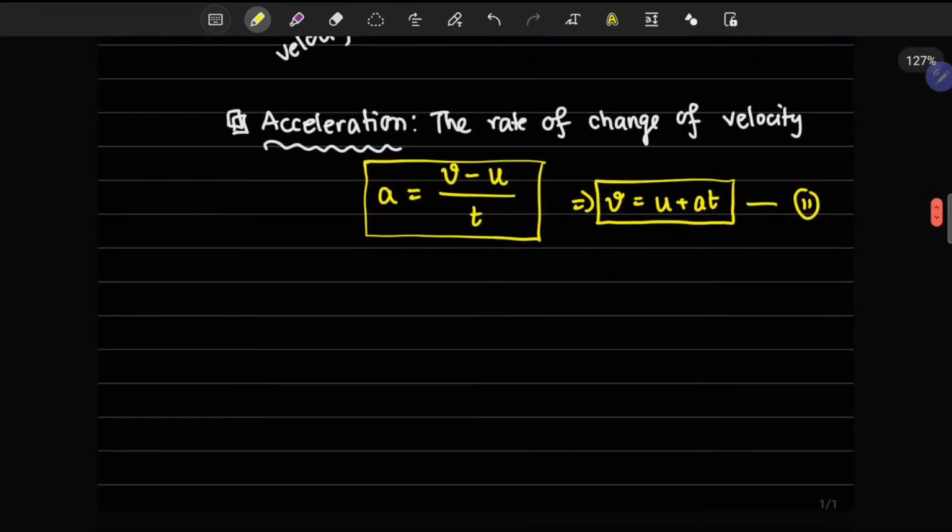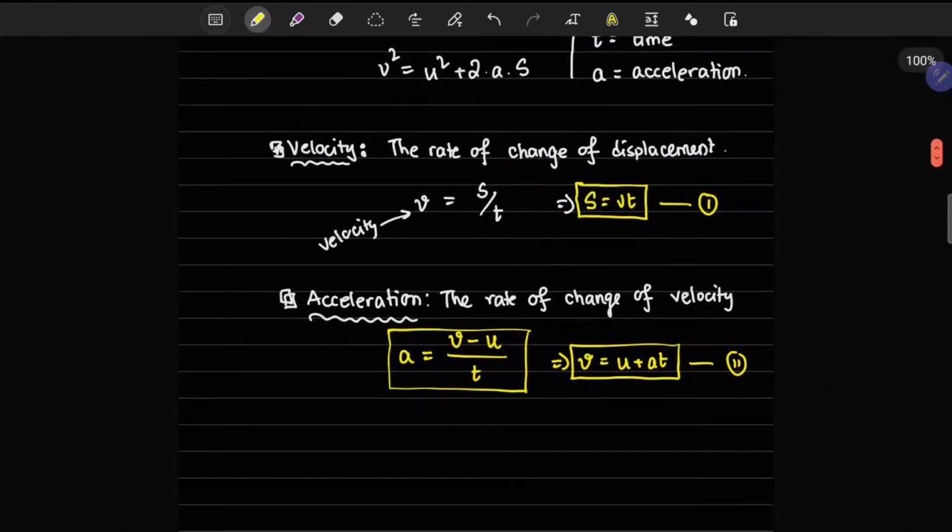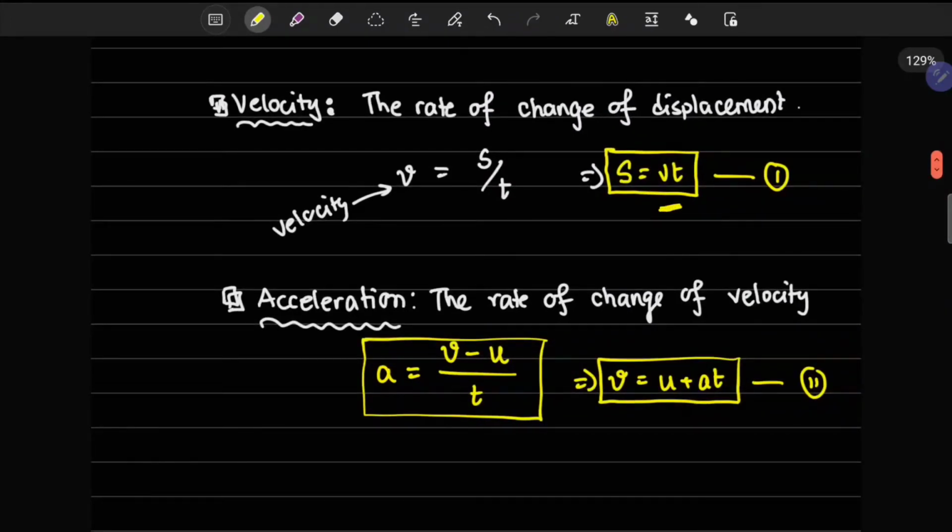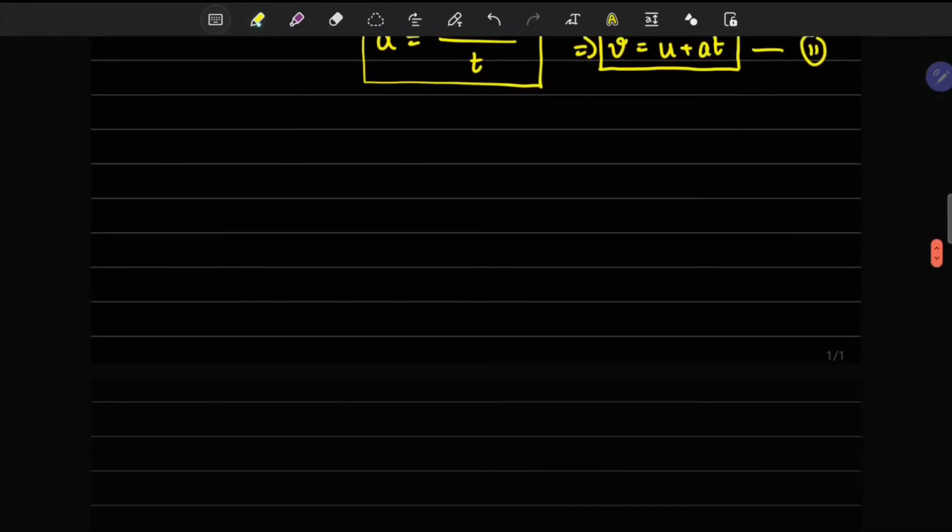Alright, now comes the third equation of motion. When we talked about the first equation of motion, we said that S is basically V bar times T, where V bar is the average velocity, for an object not moving in a uniform velocity.